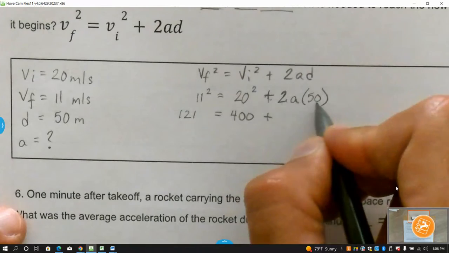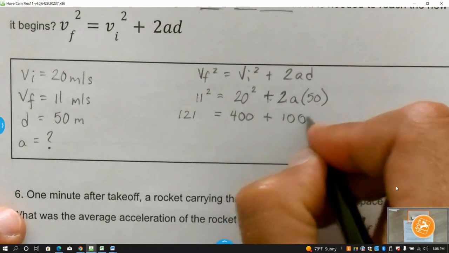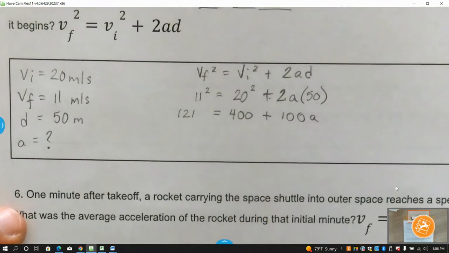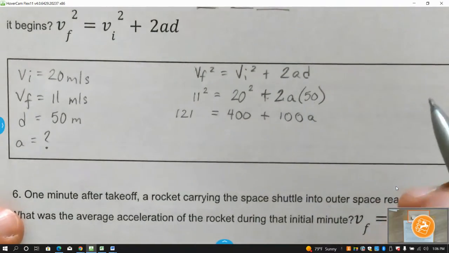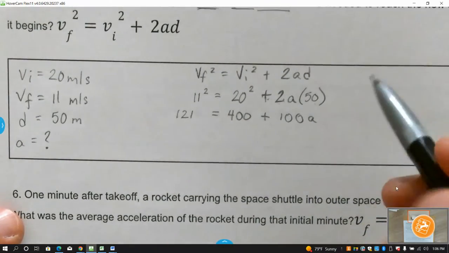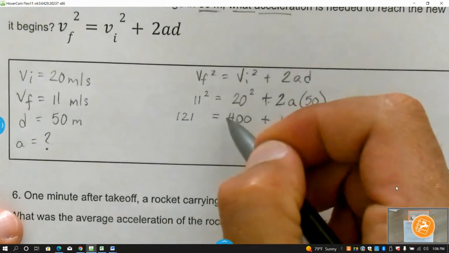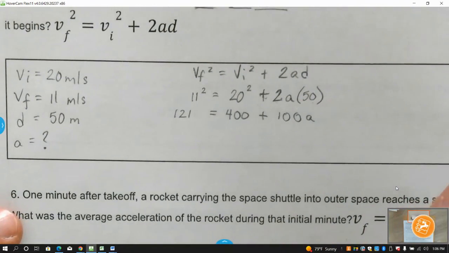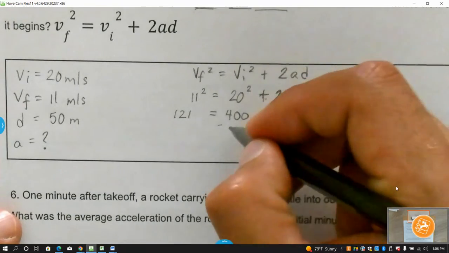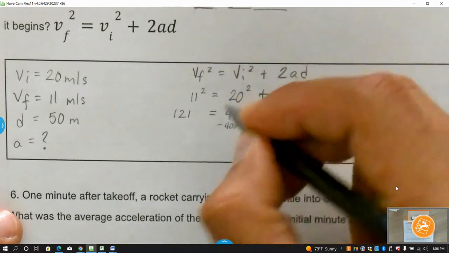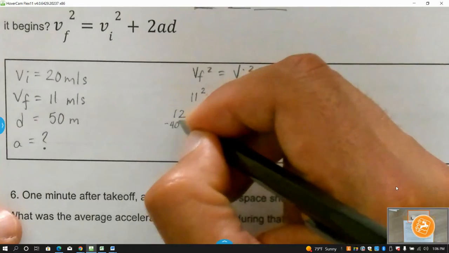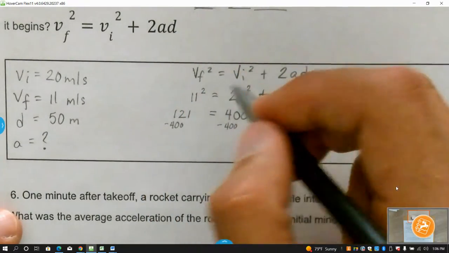So if I do 2 times 50, that would be 100A. Okay, now we got to simplify. I want 100A on this side by itself. So what do I got to do with the 400? Yep, you got to subtract it. And whatever you do to one side, you have to do the other. So got to subtract both sides by 400.